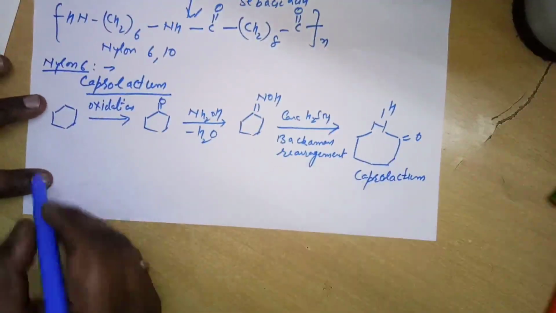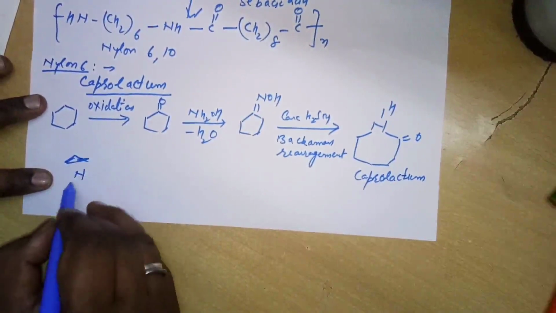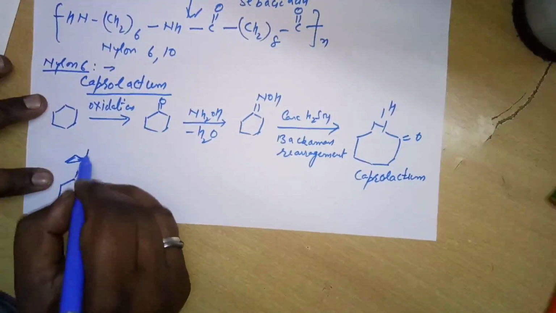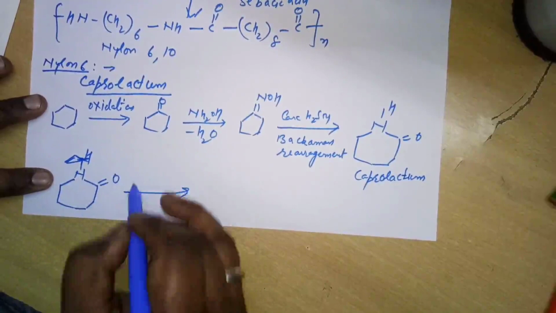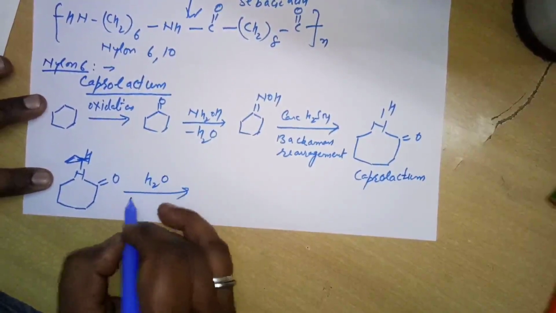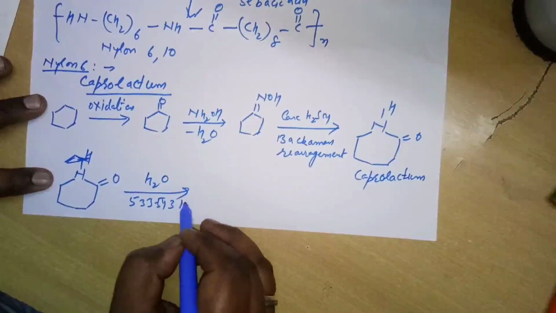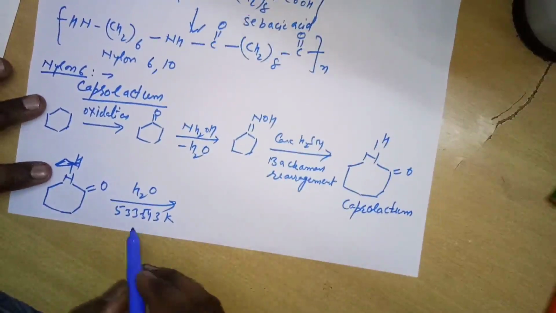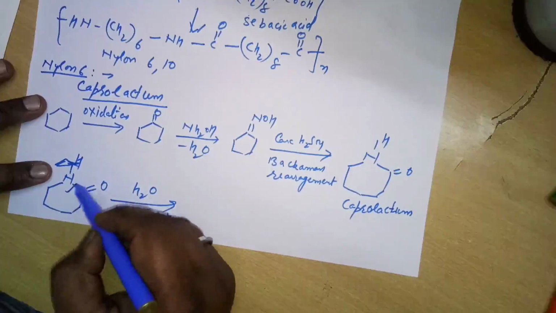Now, this monomer caprolactam, in presence of water and heating, gives nylon 6. First, this compound breaks from here.